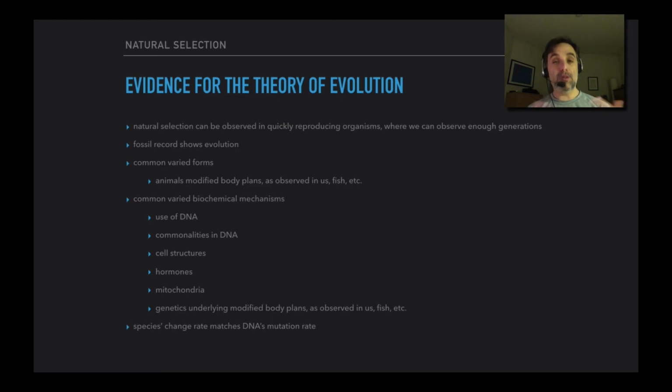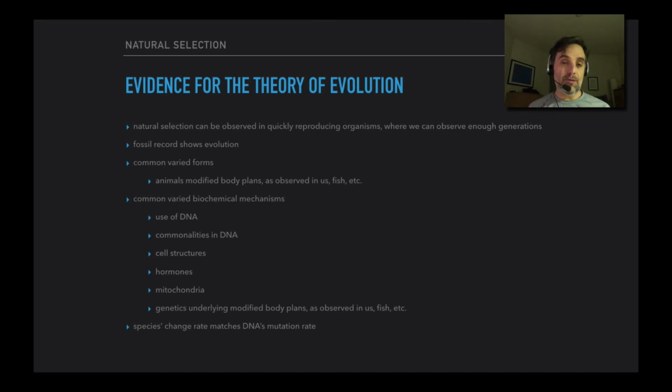I said there's a body plan that's common to all animals, but that has variations because obviously different animals have somewhat different body plans. The genetics underlying that body plan is basically the same. If you go and look in the different animals, you can see, okay, the same genes are doing the same work. So we have all this commonality with variation, and we can see natural selection in action on a small scale.